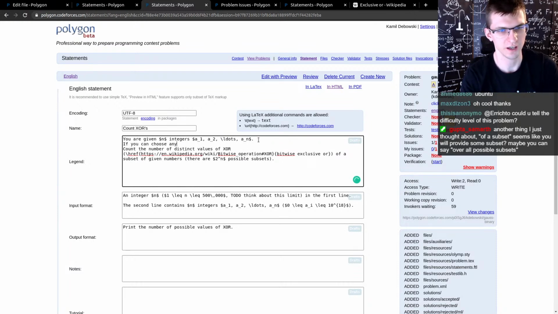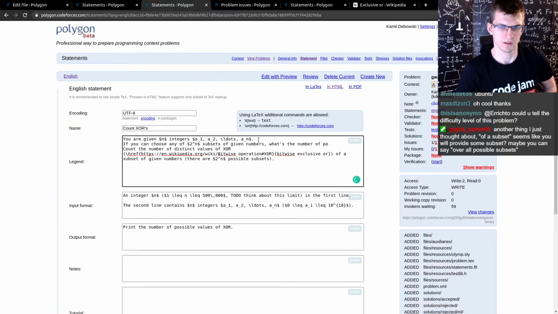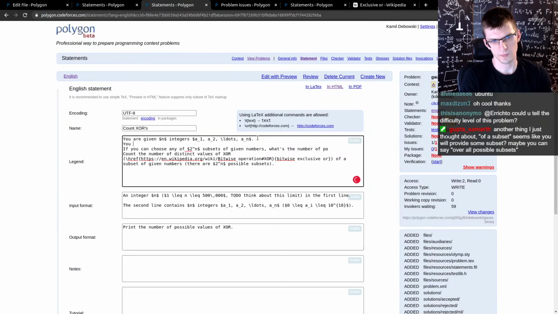If you can choose any of the 2 to the n subsets of even numbers, what's the number of possible, how many distinct possible values? Can remove any elements.